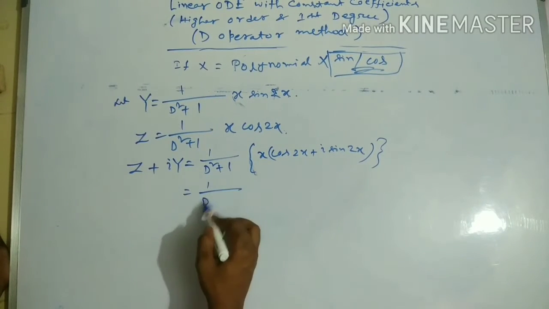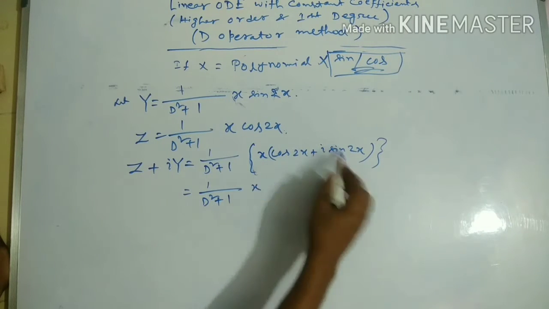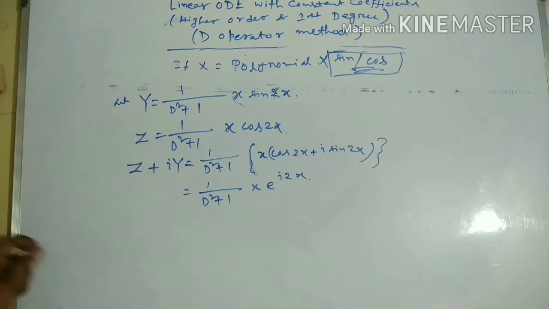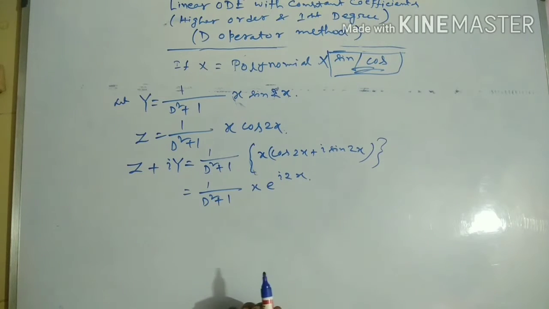So this will be 1 by D square plus 1 of x, equal to e to the power i2x. You know that the formula of e to the power ix is cos x plus i sin x. So e to the power i2x will be cos 2x plus i sin 2x.